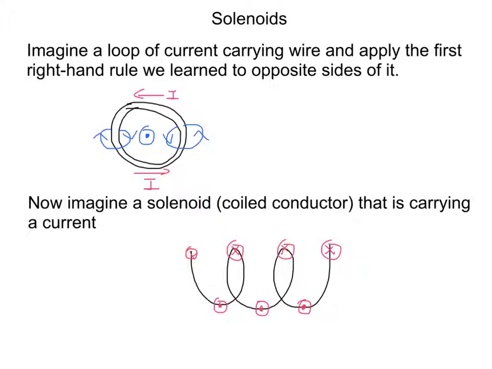Now if we imagine an actual solenoid, which is a coiled conductor, so not just one loop but a whole bunch of loops together, carrying a current, I'm showing you that the loops at the top of the page, these ones up here, are going into the page, and at the bottom, that's where they're going out of the page.